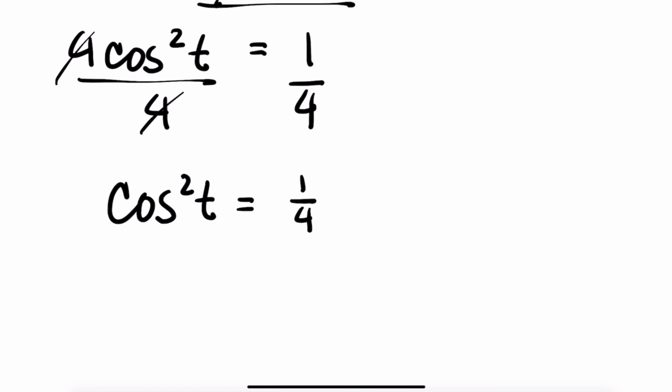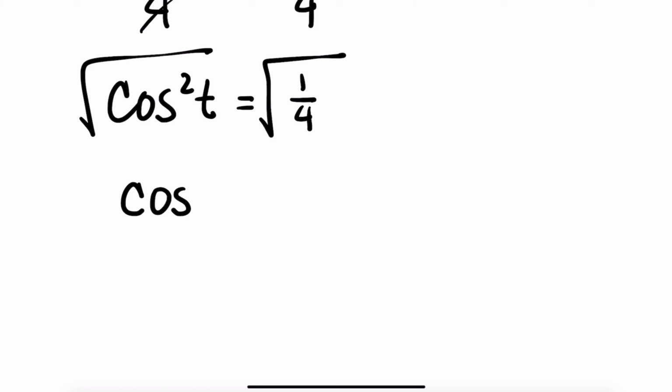Now we want to get rid of this squared. So to do that, I'm going to square root both sides. Now we're going to have cosine of t is equal to plus or minus the square root of 1/4. Now the square root of 1/4 is 1/2.